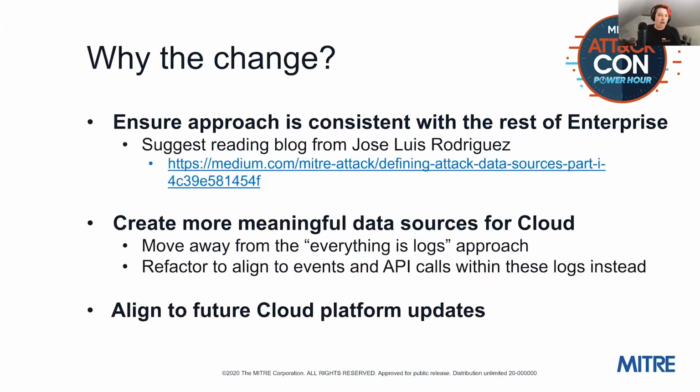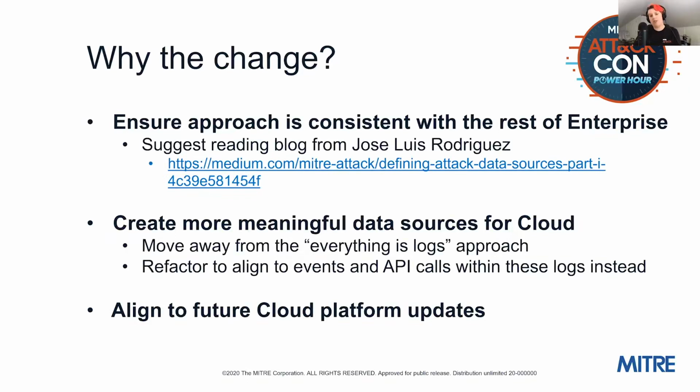And just to recap what we're planning on updating cloud data sources. First off, we want to ensure that we're consistent with the rest of Enterprise. I do recommend checking out that blog by Jose to see what our plans are in that area. We also just want to make sure data sources are more meaningful. Feedback suggests that the everything-as-logs approach isn't super helpful for building things like detections.